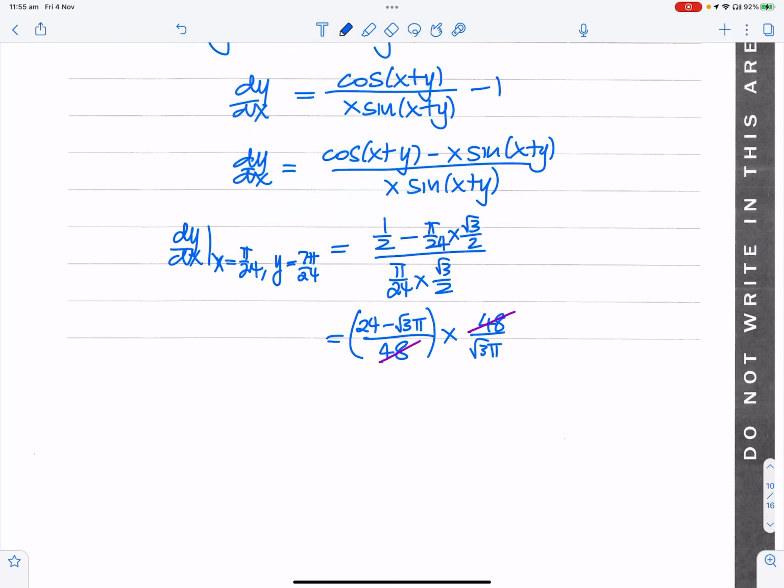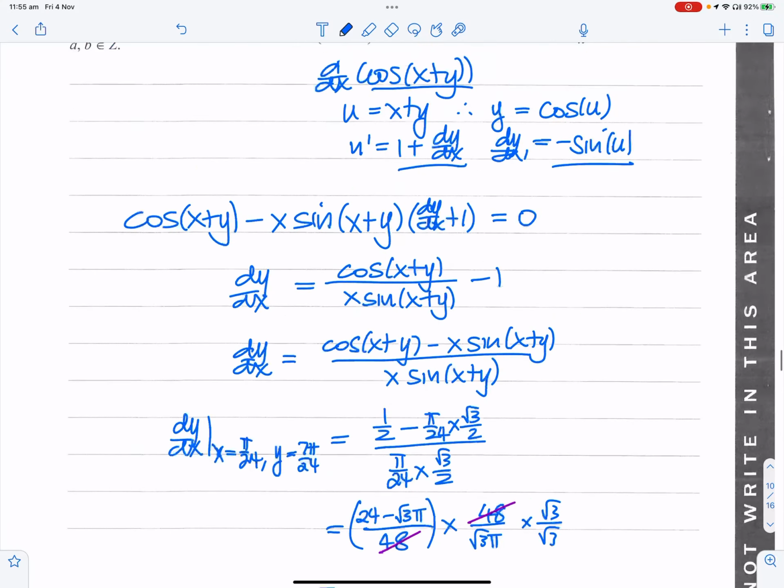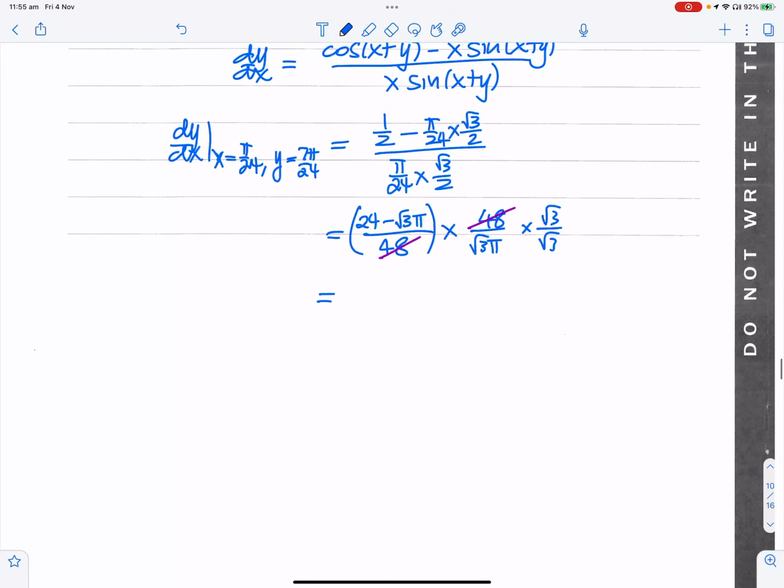We need to multiply this by root 3 on root 3. We're going to get it in the right form. It looks like it.